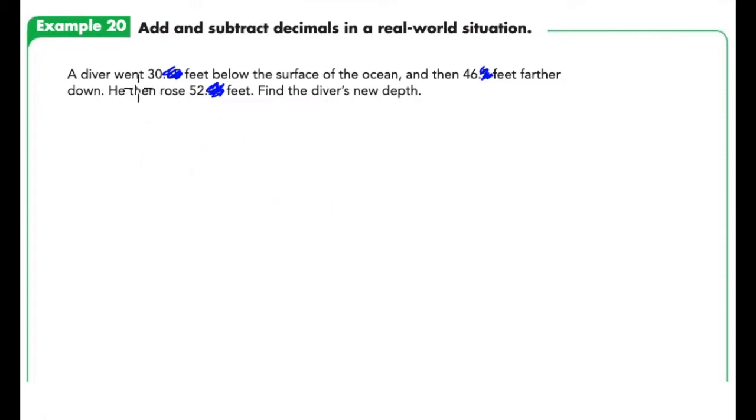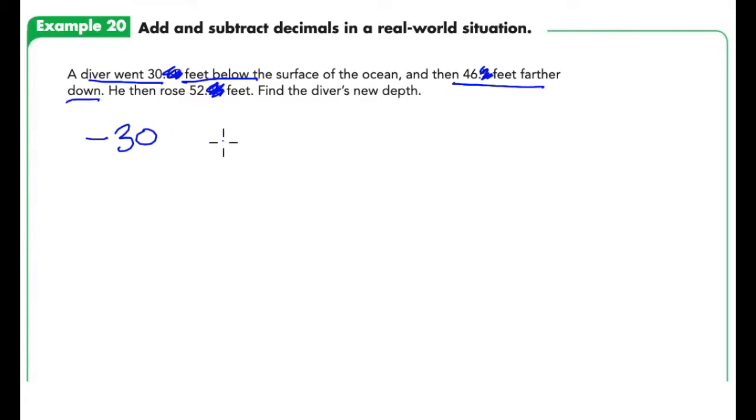So what we know is that a diver went down 30 feet below sea level, or below the surface of the ocean. An integer that represents 30 feet below the surface is a negative 30. And then went 46 feet farther down.